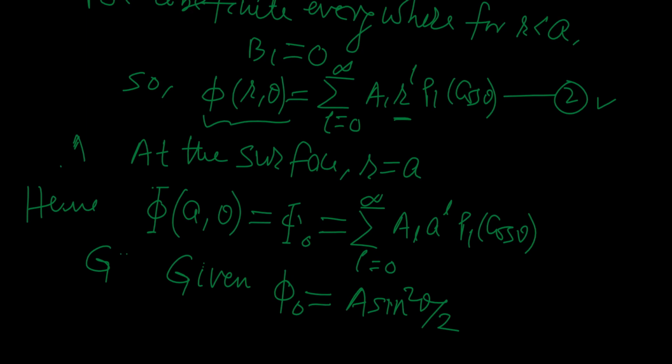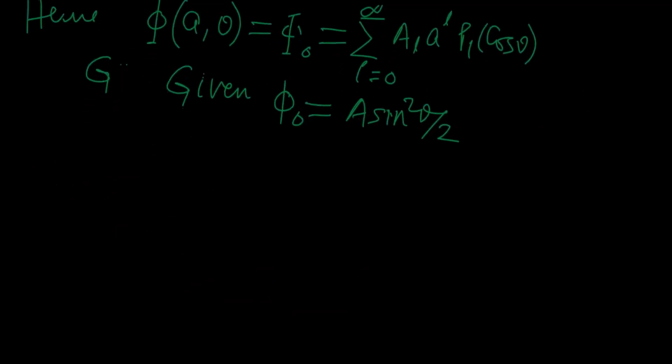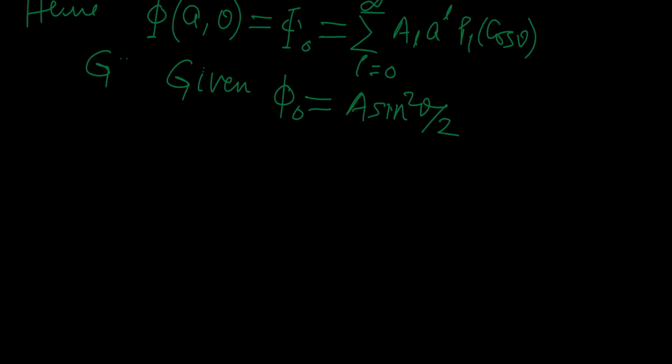By the solution of Laplace equation, we find that the potential at the surface of the sphere is this much, and in the problem this potential is given as A sine square theta by 2. So we can equate these two equations.